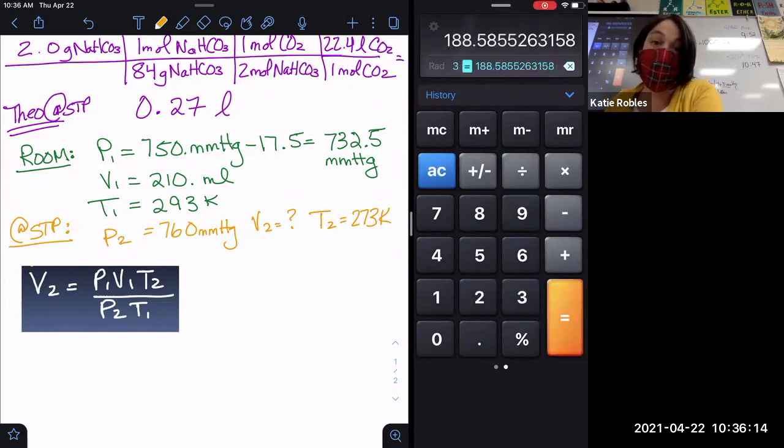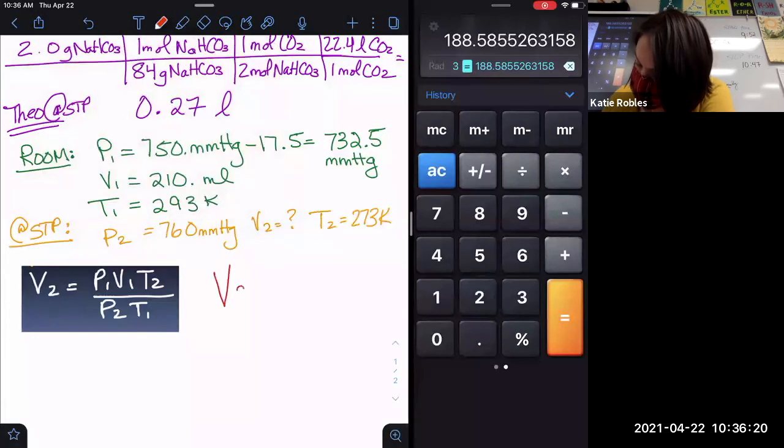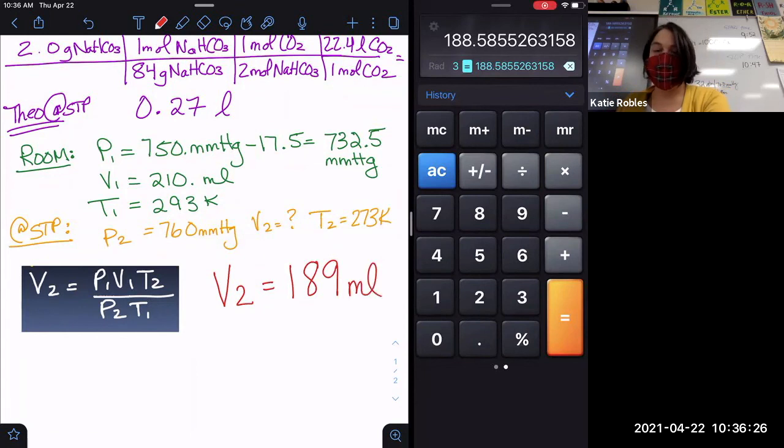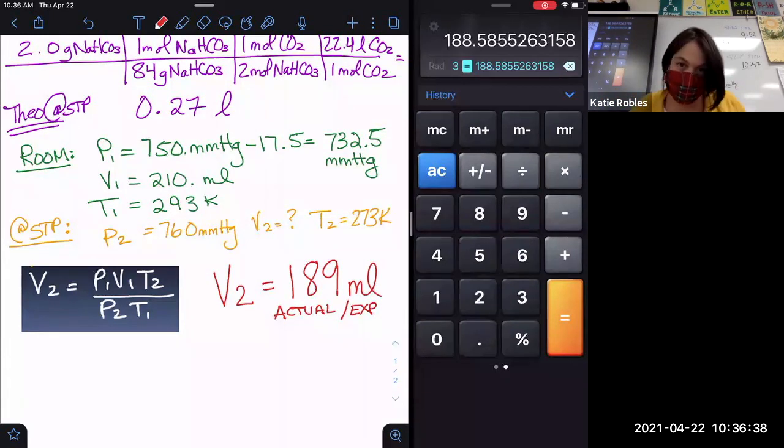Okay, so I get 188.5. So my V2 equals 189 milliliters. We call this the actual amount or the experimental amount, what I actually found in an experiment.